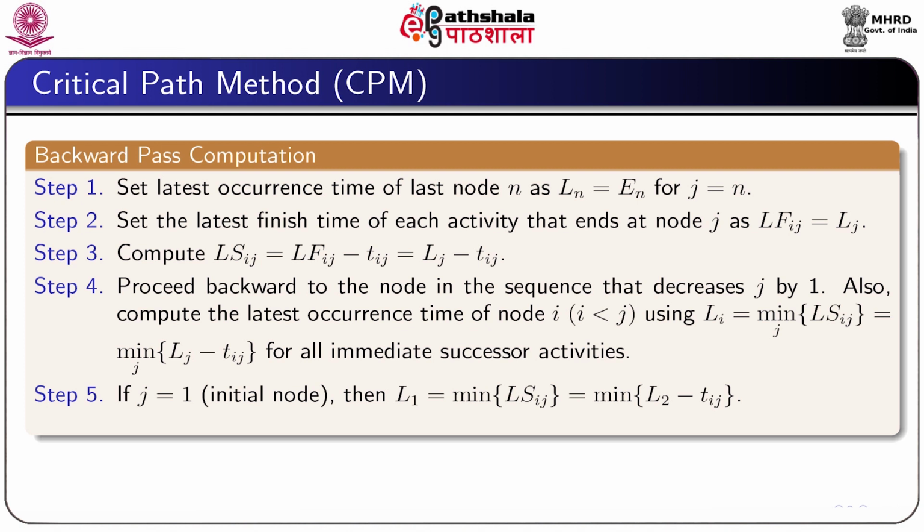Now, finally, if j equal to 1, that is the initial node, then L1 can be obtained as L1 equal to a minimum of LSij, which is nothing but the minimum of L2 minus tij.